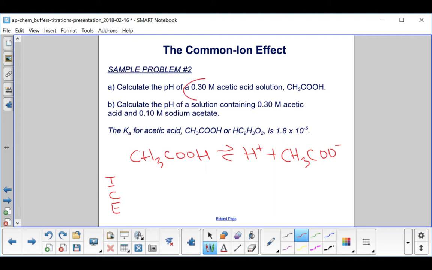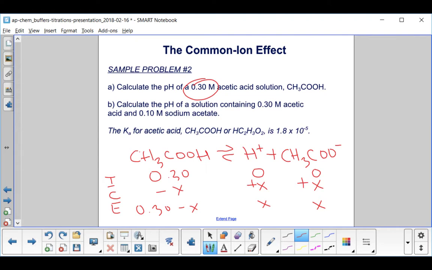So the initial concentration of the acetic acid is 0.30 molar, and we have no products. And our change here is minus X, plus X, plus X. We have 1-to-1-to-1 stoichiometry, so 0.3 minus X, X, and X at equilibrium.